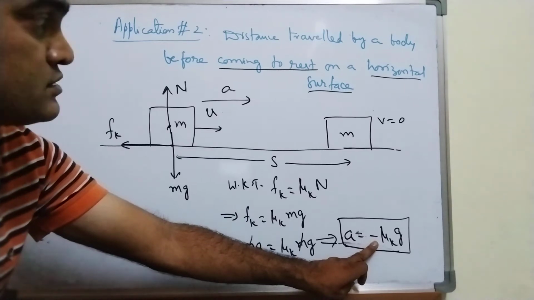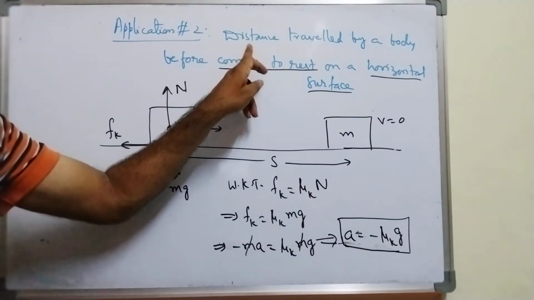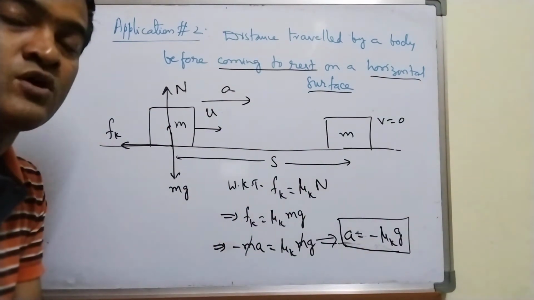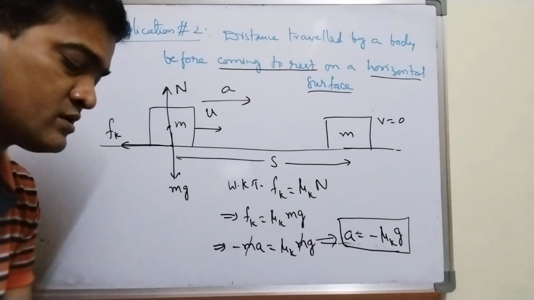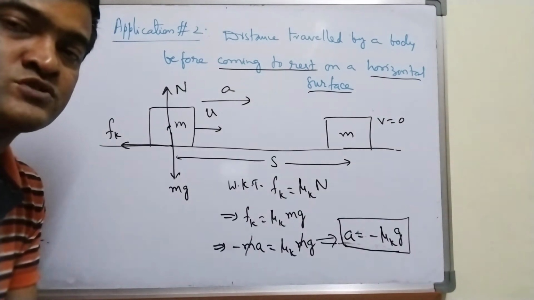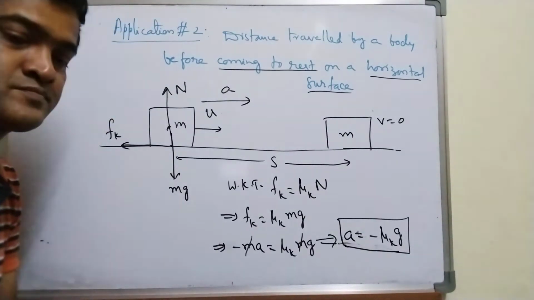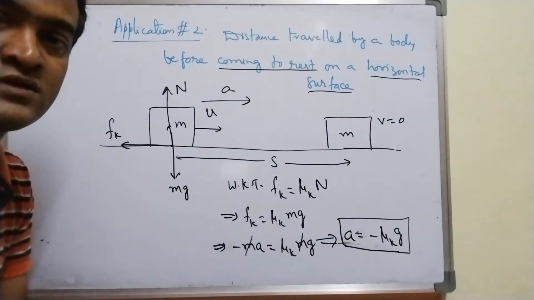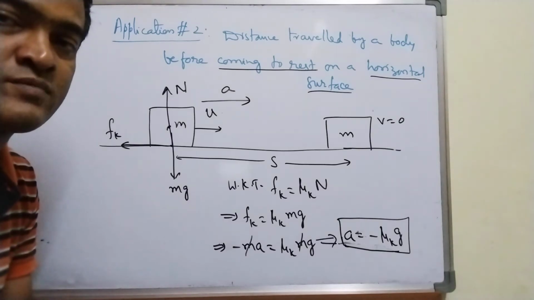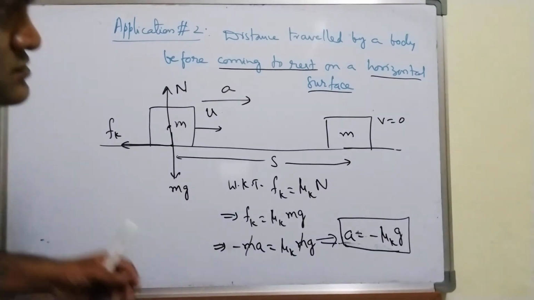But what I want is the distance traveled by the body. So how to find the distance? If you remember the equations of motion which we studied right from straight line motion, one equation is v square minus u square is equal to 2as.